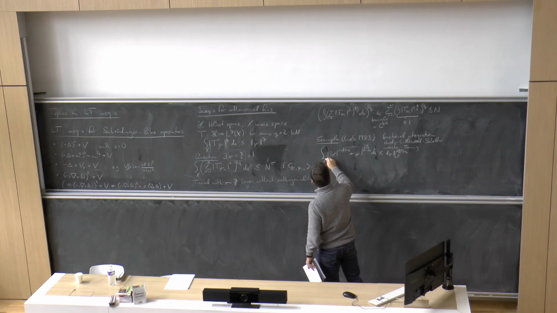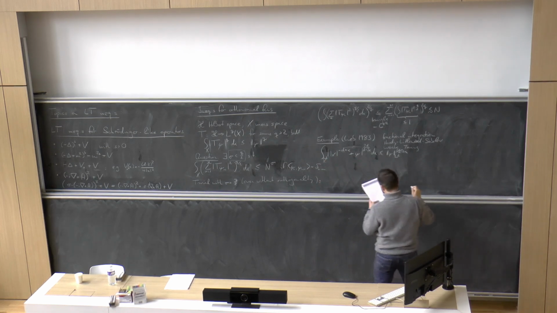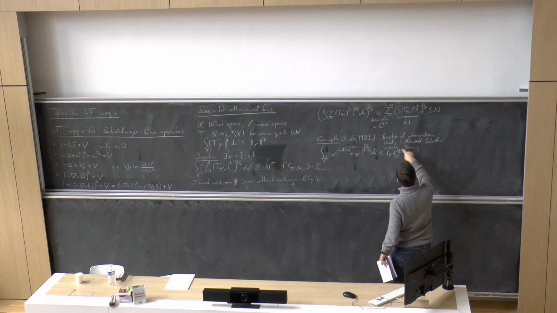Okay, so you are in R^d, and alpha has to be such that you can divide. So alpha is between 0 and d over 2.